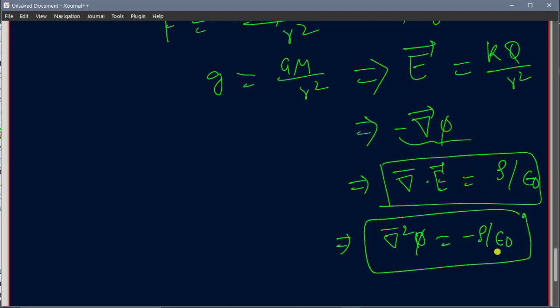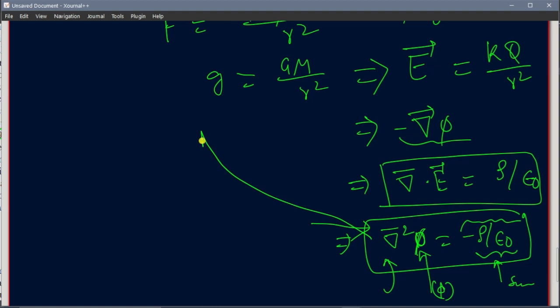This minus rho over epsilon naught is a source term, and this is a differential equation which will determine the shape of phi. It also says that if there is no source, we can still find the potential. This is the problem of the Laplace equation. So this equation, we can say, is a Poisson equation.